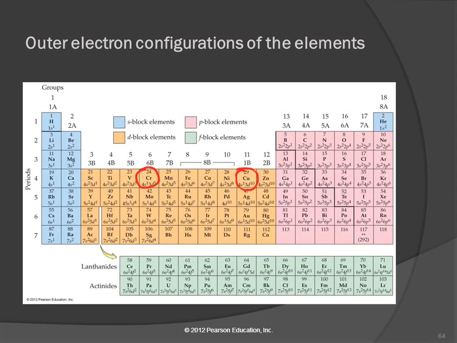Well, it turns out it's lower in energy for chromium if it has a half-filled 4s orbital and a half-filled 3d subshell. All the orbitals in that 3d subshell with 5 electrons are going to be half full. Let me draw that for you.